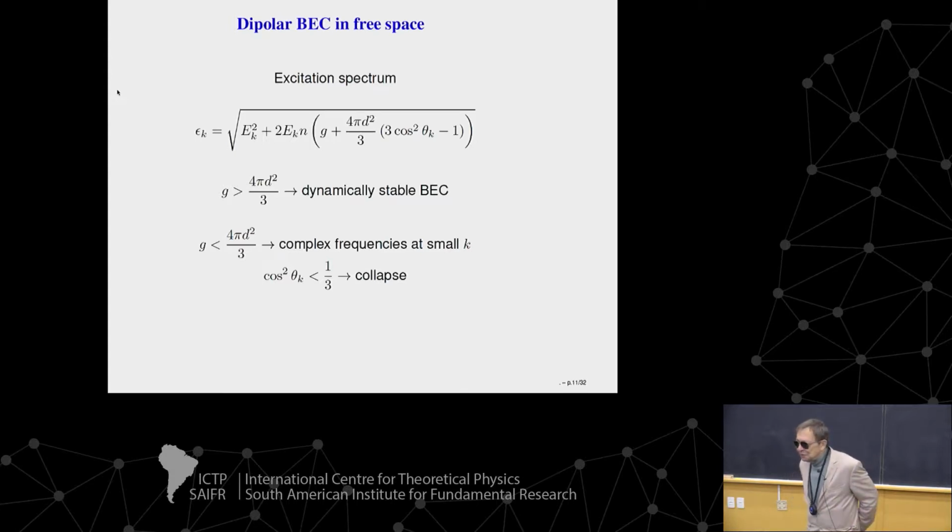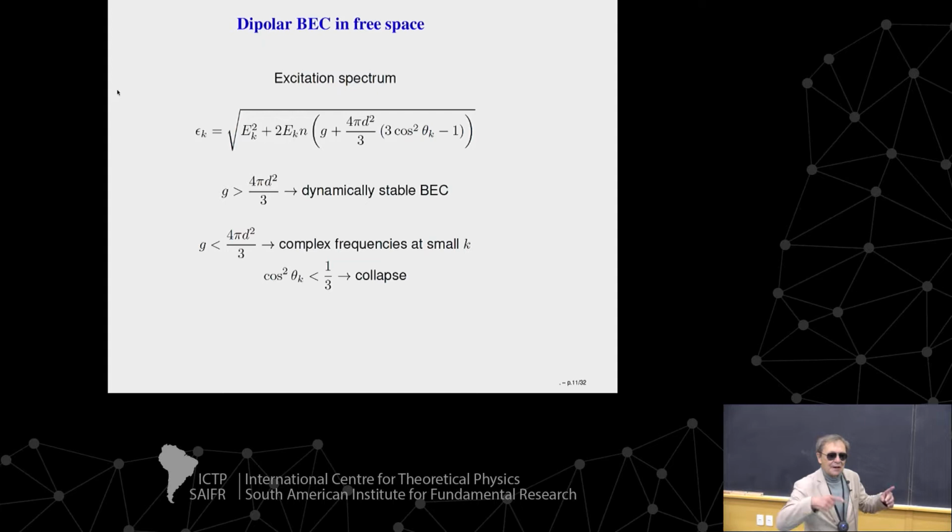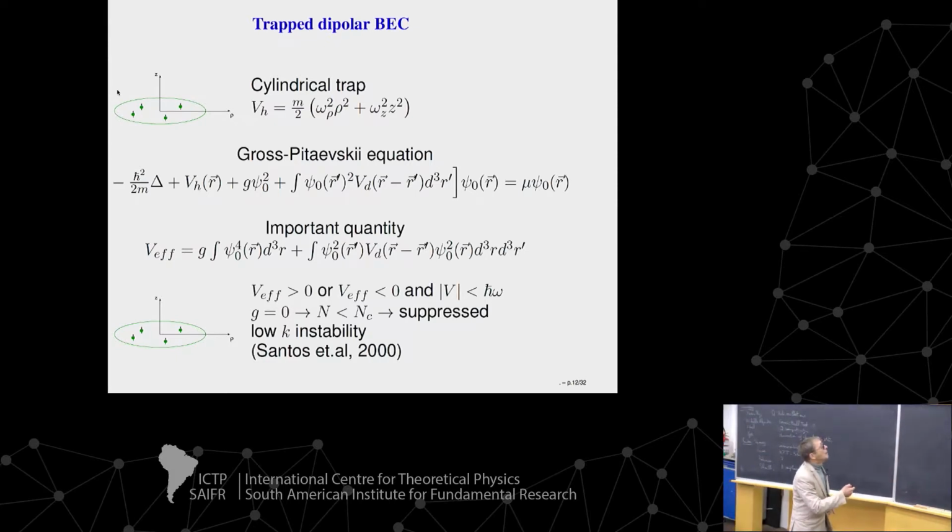For a very simple reason, because in reality, in all experiments, these dipolar bosons are in a confining potential, in a harmonic potential, yes? For example, here, I have a confining potential which is of a cylindrical form, yes?